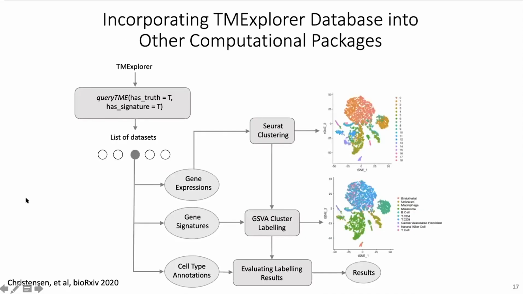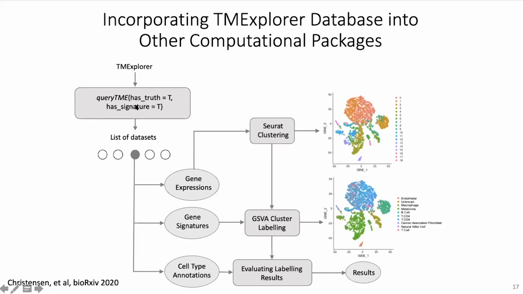In this example, I show you how you can incorporate TME Explorer into your analysis of single-cell sequencing data. You start by using the Query TME function and set your criteria. For example, if you are interested in looking up the datasets for which the labels of cells are available, you set this to true.